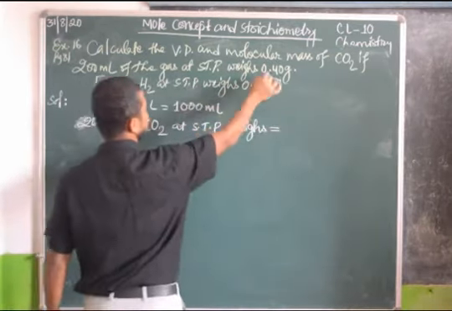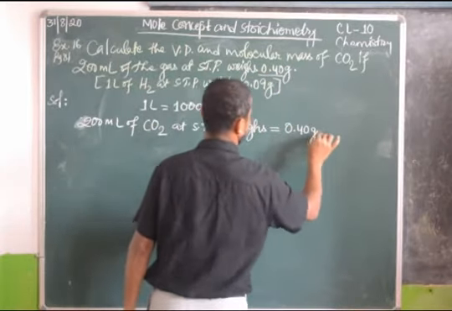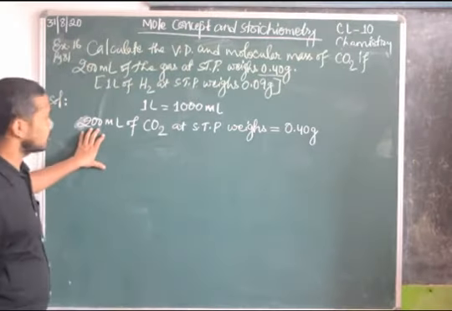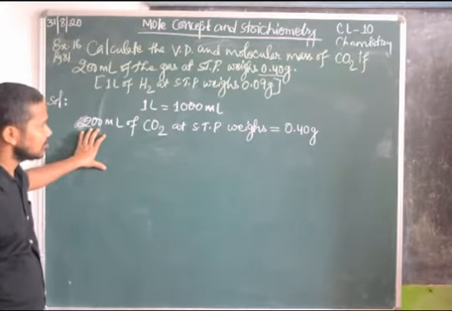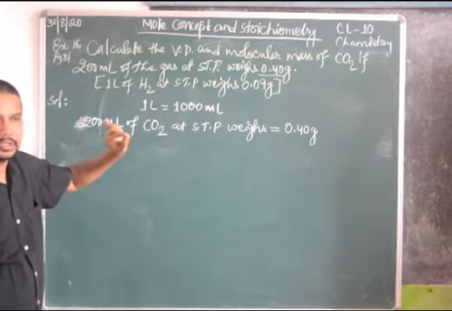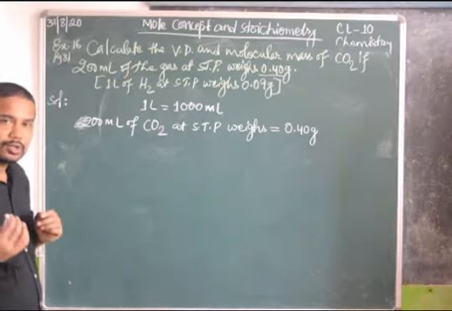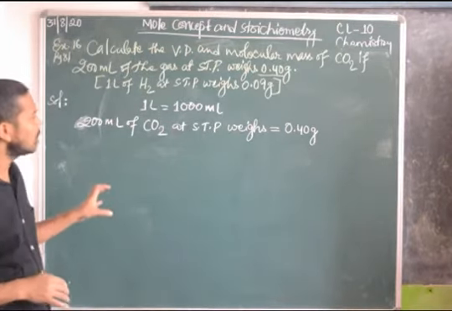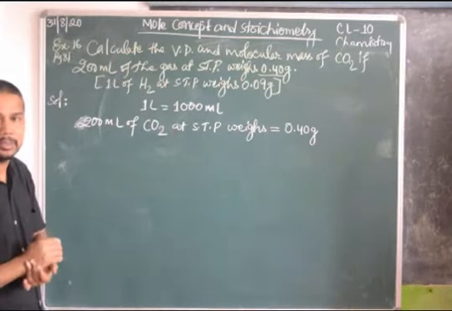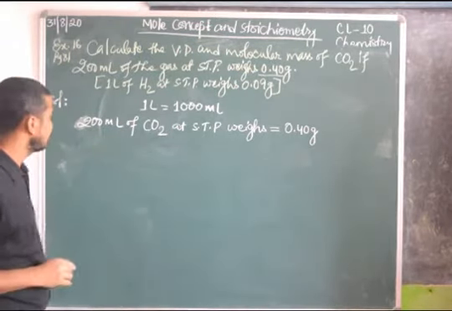What is given here? 0.40 gram. 200 ml of carbon dioxide at STP weighs 0.40 gram. Mind you, you should know how to solve numerical by the unitary method. Then only I think you will understand this thing.